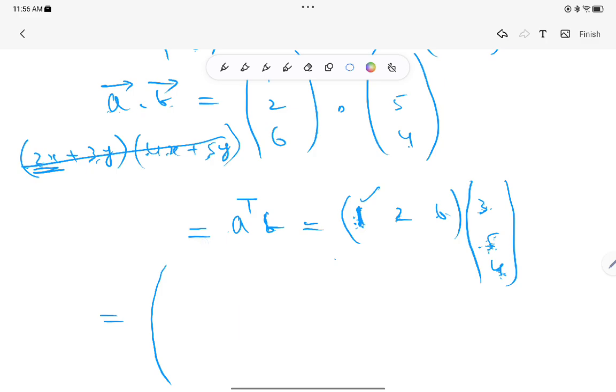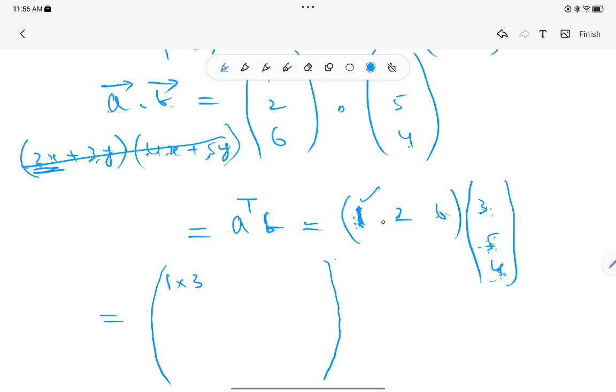This is what we get. See, 1 into 3 plus 2 into 5, this into this, this into this, this into this, and we add them up. The products have to be added up then. That will give you the total dot product of these two vectors.